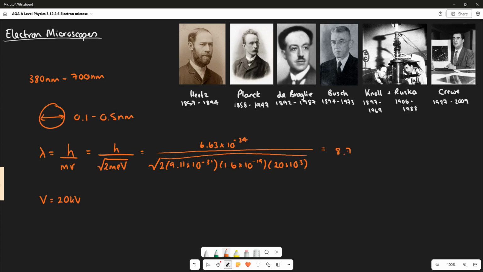This would give us a wavelength of 8.7 times 10 to the power of minus 12 meters, which is 0.0087 nanometers. More than enough to resolve the diameter of an atom.